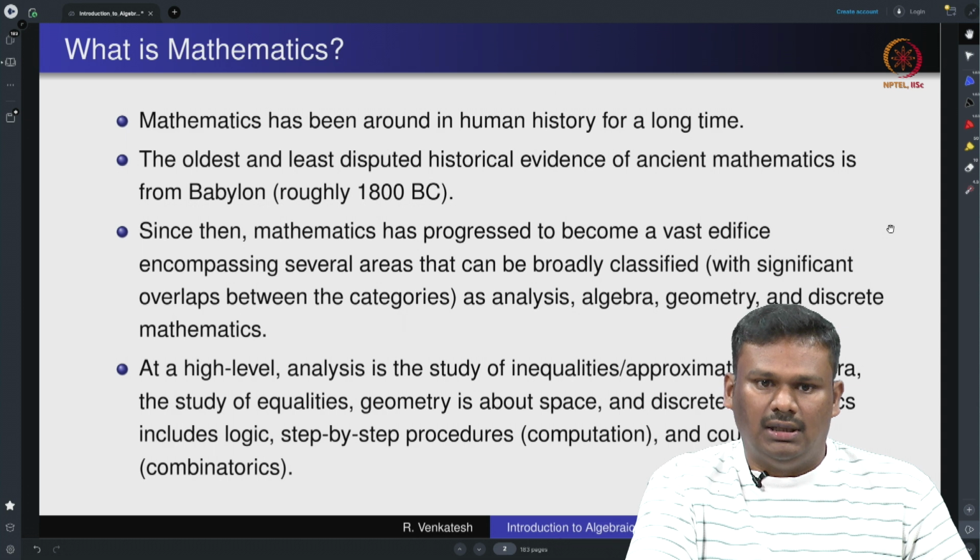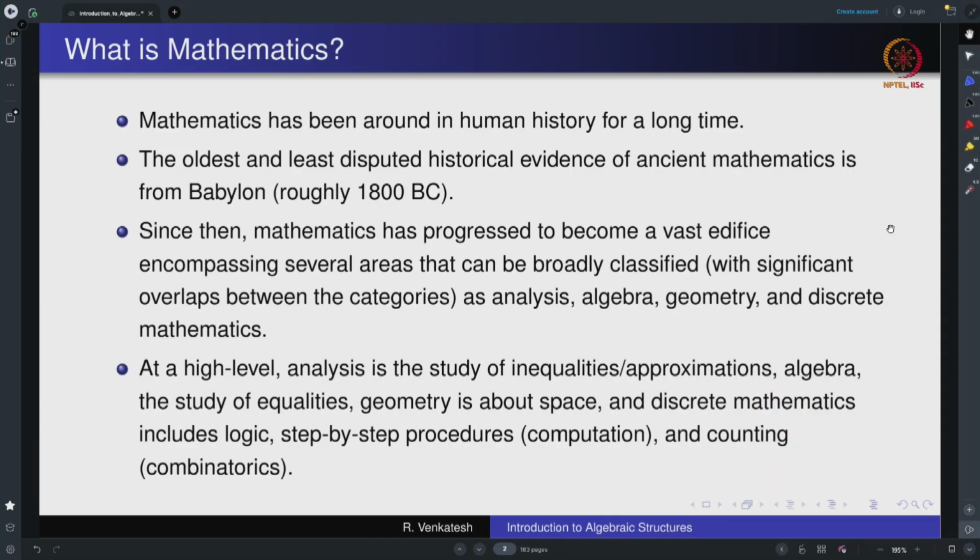What is algebra? Algebra is the study of equalities. Similarly, geometry is the study of space and structures, and discrete mathematics studies logic, step by step procedures, computations and counting problems coming from combinatorics.